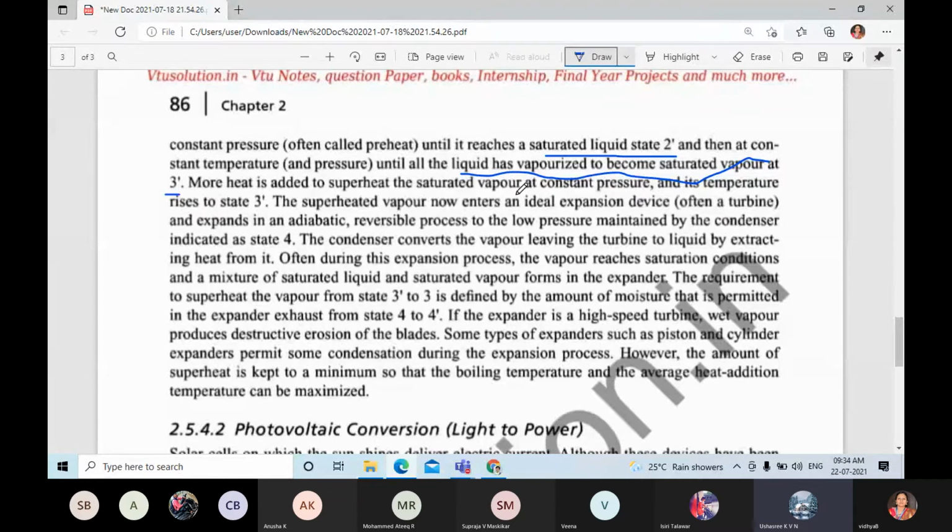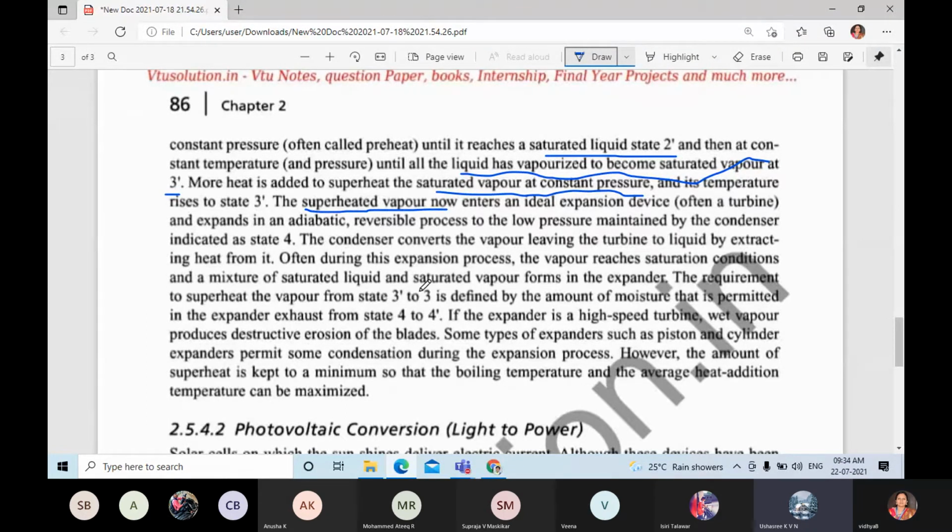Now state 4. The superheated vapor now enters the ideal expander and expands in an adiabatic reversible process to the low pressure maintained by the condenser, indicated at state 4. The condenser converts the vapor leaving the turbine to liquid by extracting heat from it.